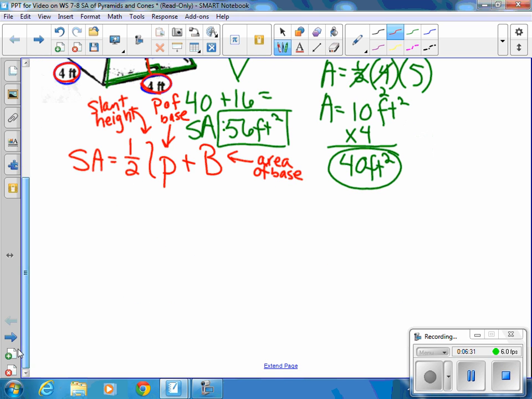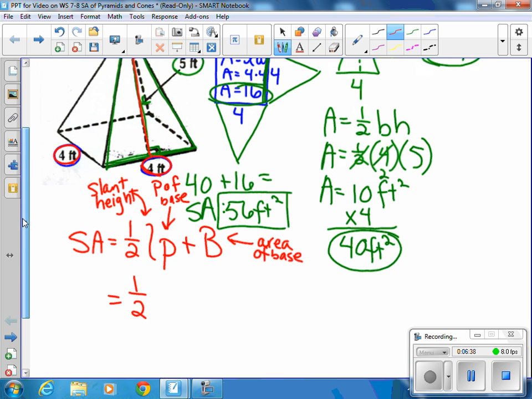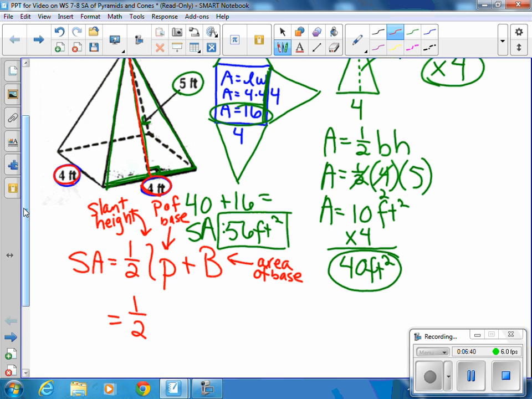All right, so let's fill in a few things. That means I have half. The slant height is 5. So half times 5, because this is my slant height that I'm pointing to right here. That's the slant height of the pyramid. Times the perimeter. The perimeter is all the way around the bottom, so it's 4 plus 4, and then there's a 4 and a 4 on the back too.